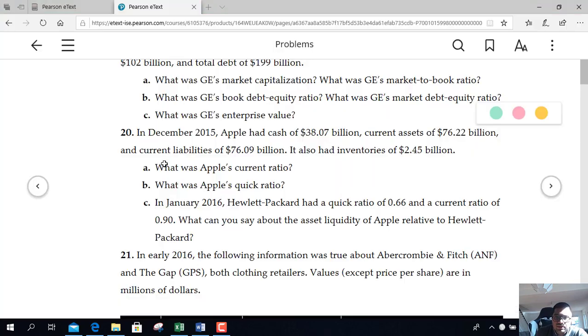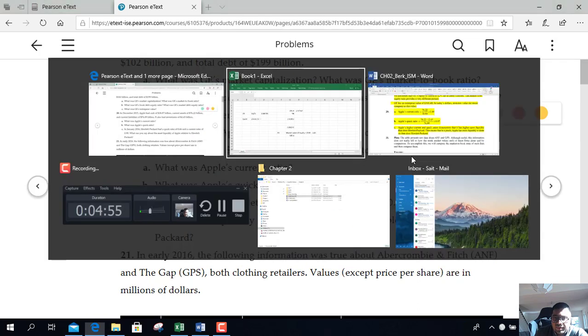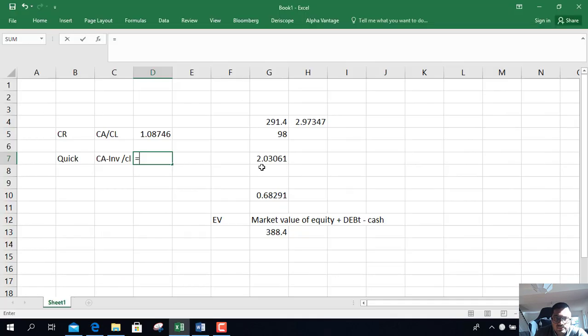The quick ratio is current assets minus inventories: 76.22 minus inventories of 2.45, and then that divided by current liabilities, 76.09. So 0.97 is the quick ratio.